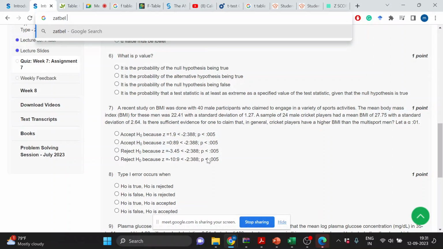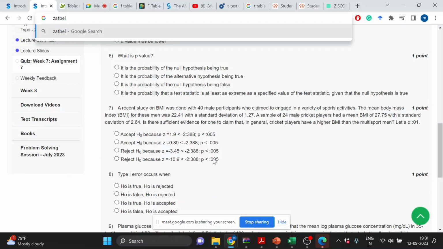So did you get minus 9.8 or plus 9.8? Did you do cricket minus multi-sport? Yes, sir. I did cricket minus multi-sport and I didn't get negative, sir. Positive only. Yeah, you should get positive.